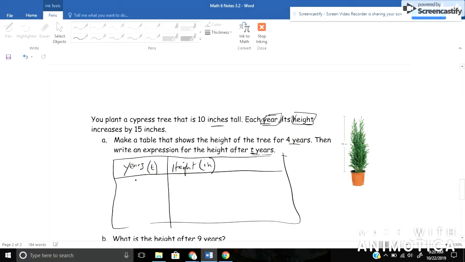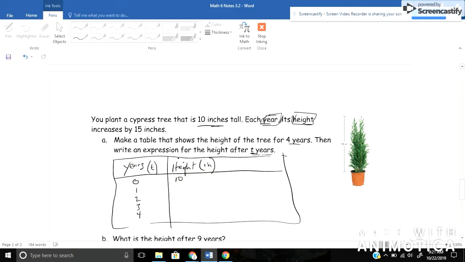So 0, 1, 2, 3, 4, and then I've got to match my height. At 0 years, in other words, when you buy it, it is 10 inches tall. Now, year 1, it grew. Each year, its height increases by 15 inches.